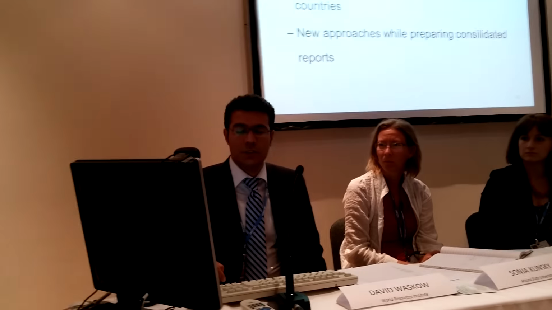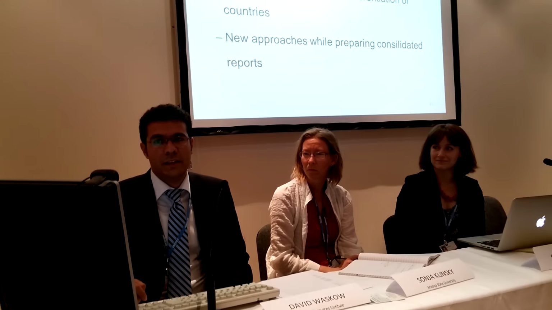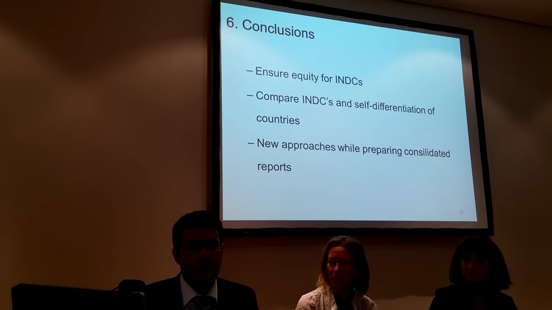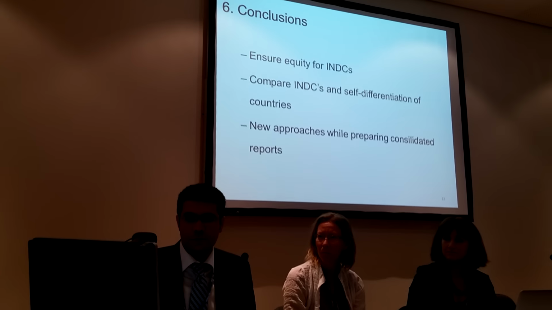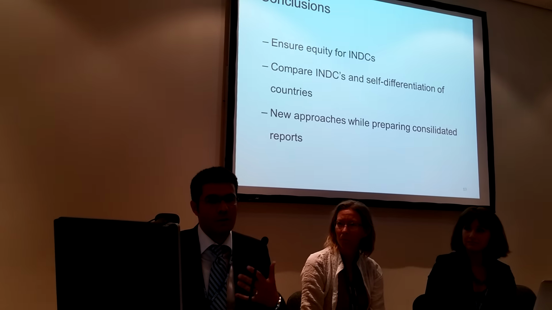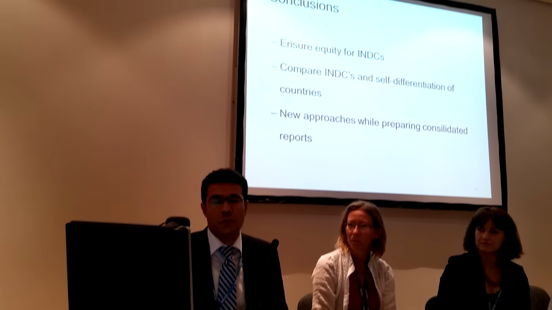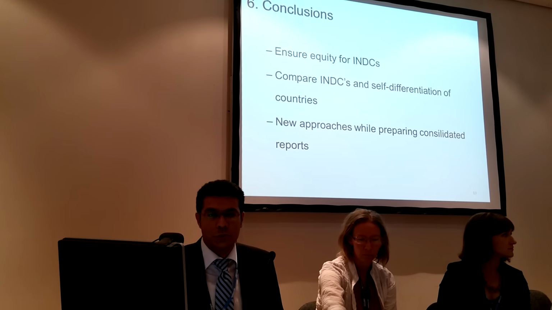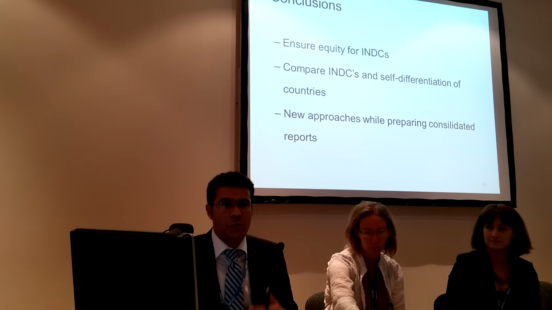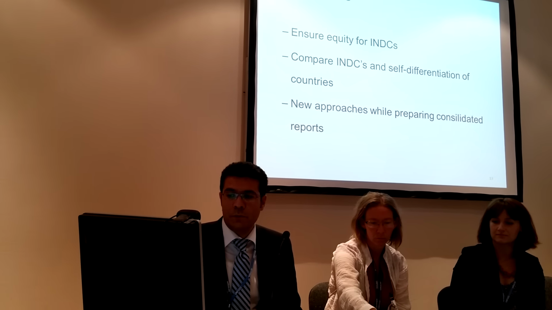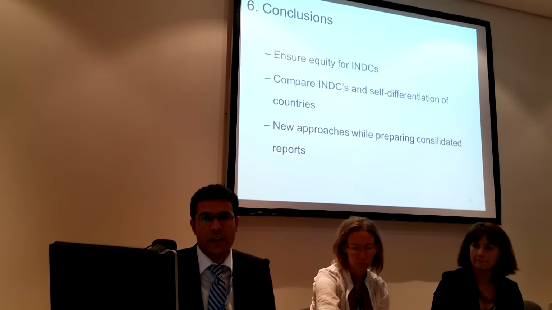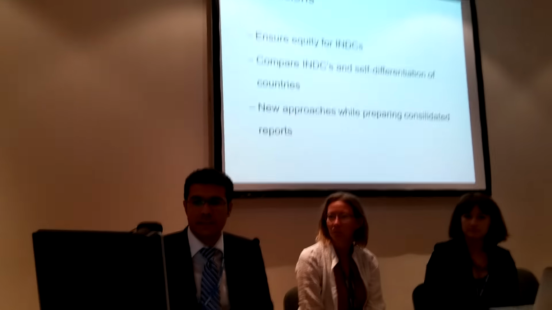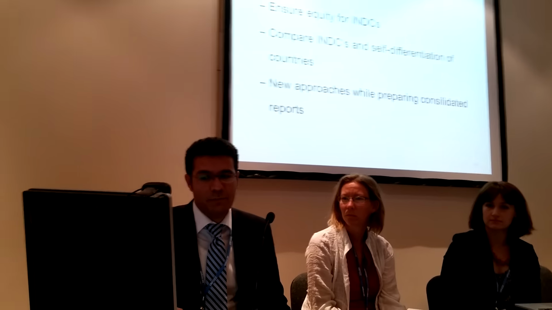In order to ensure equity and to evaluate the equity-based INDCs, this type of indices can be useful, and not only for the country's own assessments, maybe UNFCCC try to find some new approaches or methods to evaluate or assess the countries. For example, while they are preparing their consolidated reports based on the submitted INDCs, they might use this kind of approaches.